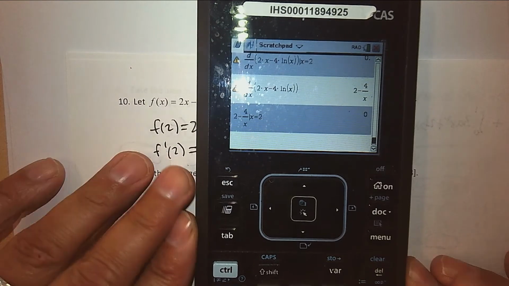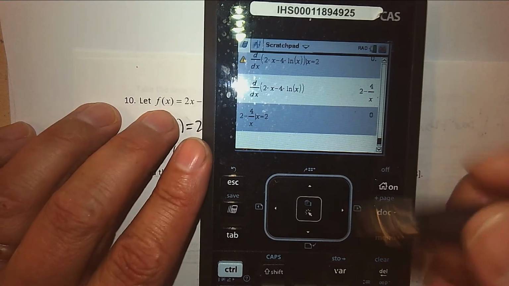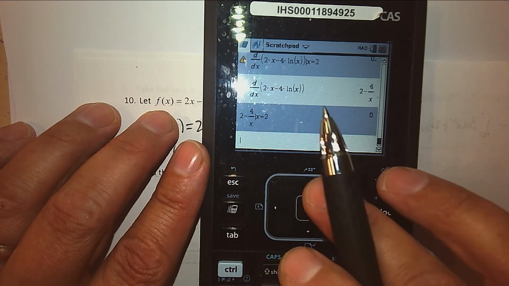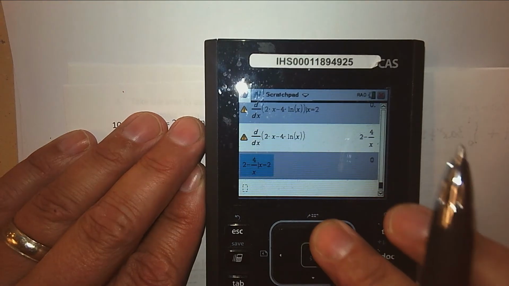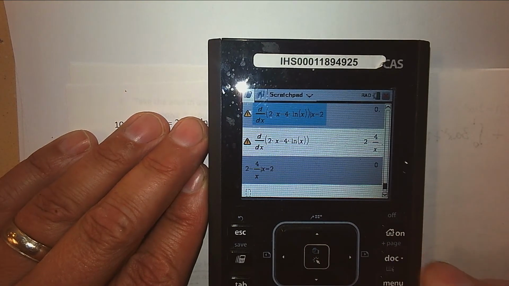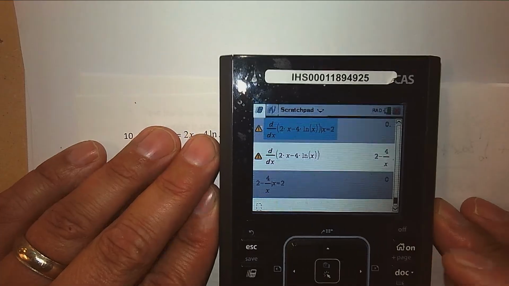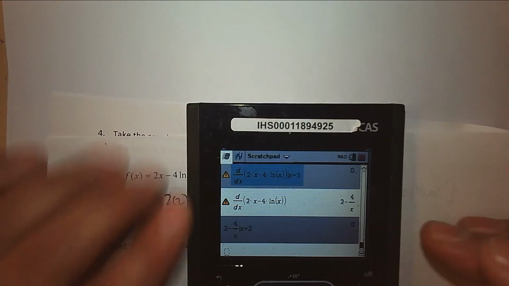Perfect. All right. Oh, and it gave me the answer anyways in the beginning. So when you plug in 2 into that, the answer was 0. It did give me a caution sign, so it made me kind of nervous whether that actually worked or not. But if I go back up here, the answer was actually 0, which made me nervous to think if it did do it correctly.